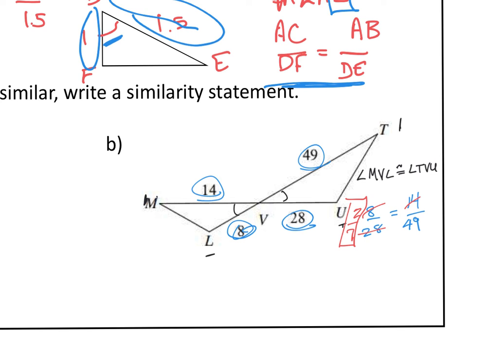So 7 goes into 14 2 times, and 7 goes into 49 7 times. 2 over 7. Now, these are the same, so we can say yes, by side, angle, side. And then our similarity statement is that triangle MVL is similar to triangle TVU.